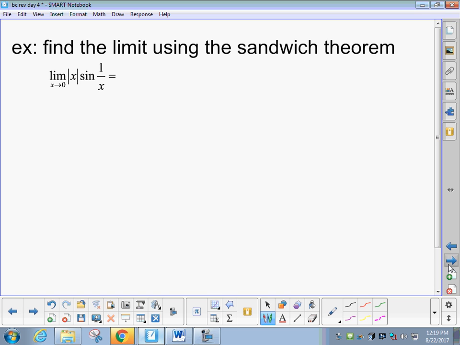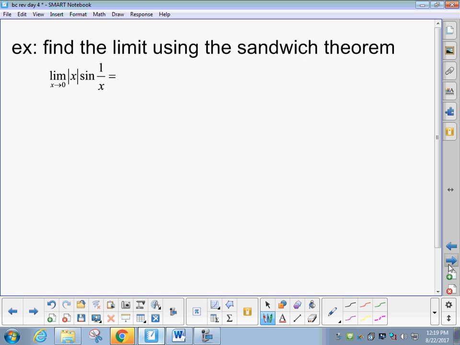To me, that's really the hardest part. If I just give you a naked limit, I sometimes have trouble getting started because obviously direct substitution doesn't work and sine of 1 over x does crazy stuff. So it's hard to get started if I don't lead you that way. I just want to see that you can execute it, not that you know when to use it. It's not that big a deal.